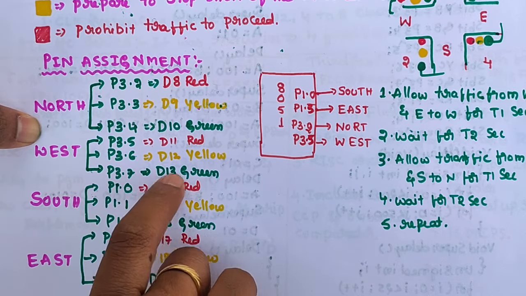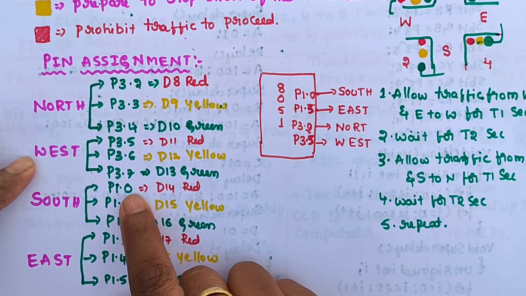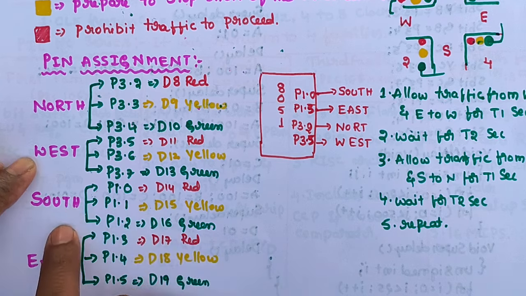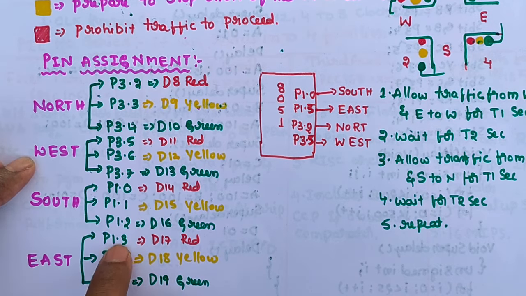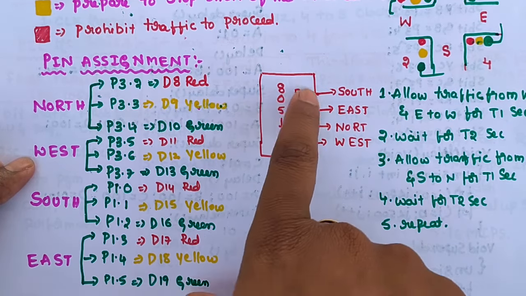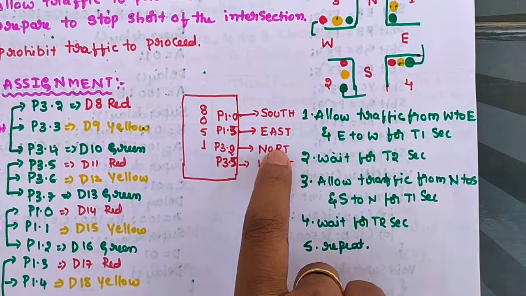P3.5, 3.6 and 3.7 are for west, P1.0 to P1.2 for south, and for east P1.3 to P1.5. So these port pins are connected to the 8051 microcontroller.